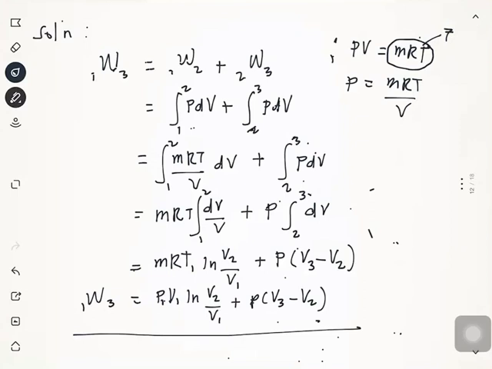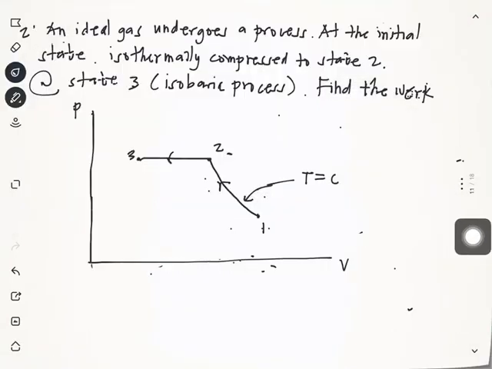So how do we know that V2 is less than V1 and V3 is less than V2? By our PV diagram here, we can recall.